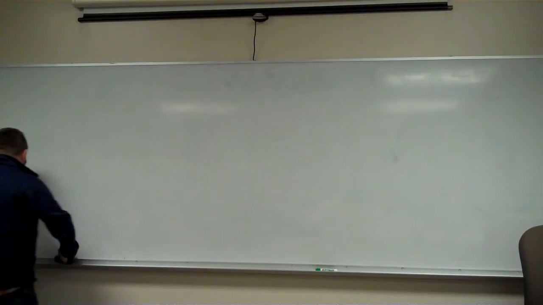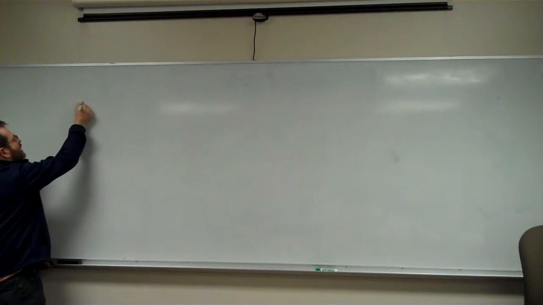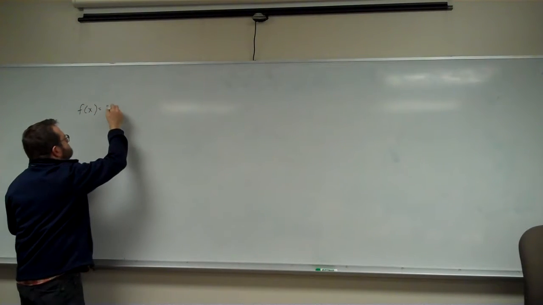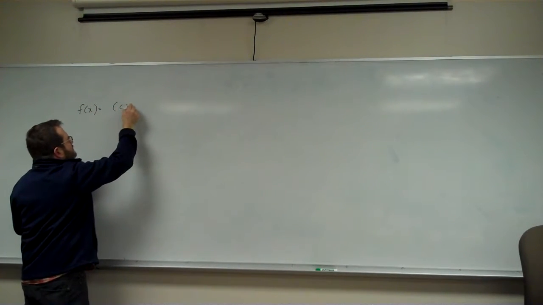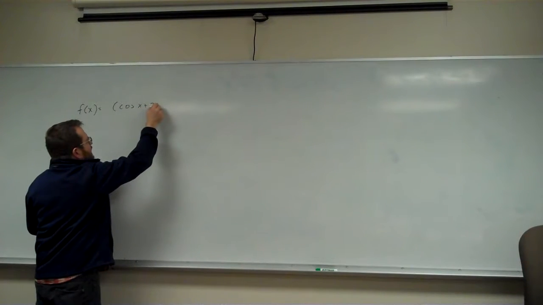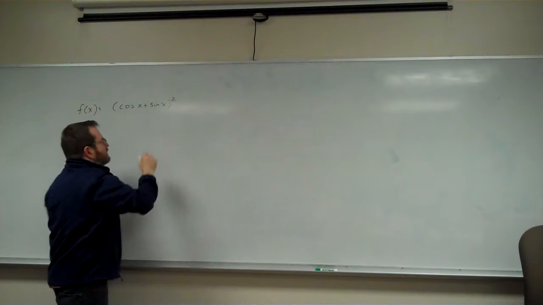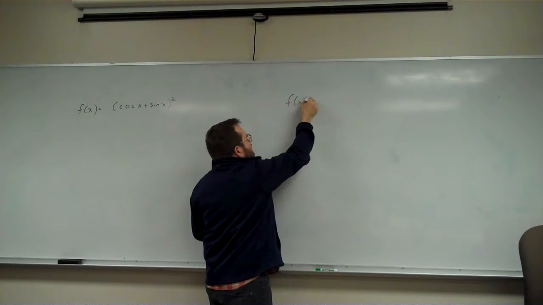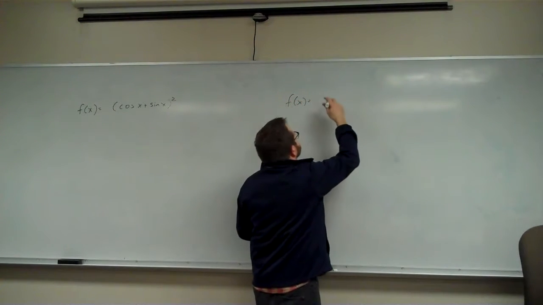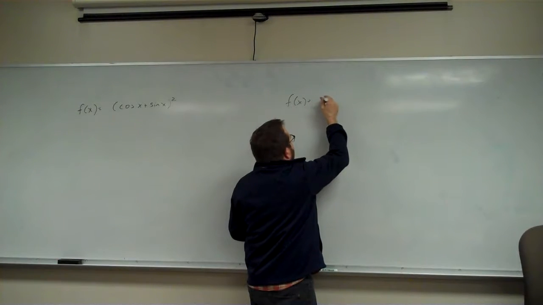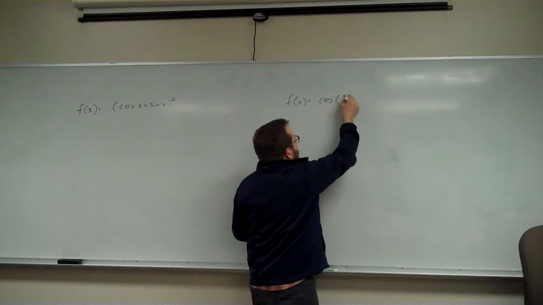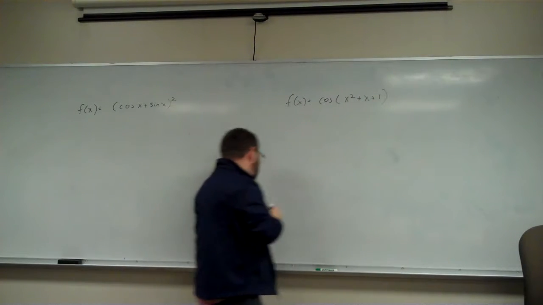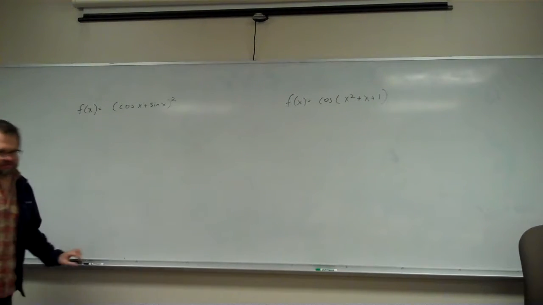How about f of x equals the quantity cosine of x plus sine of x, squared, and f of x equals the cosine of x squared plus x plus 1. Those are both chain rule problems.